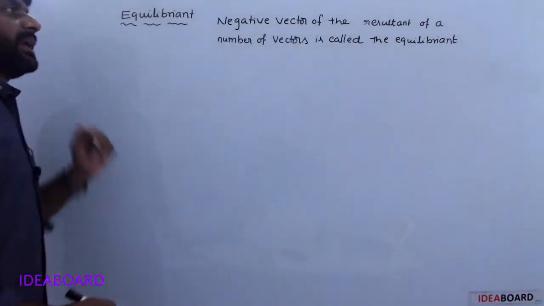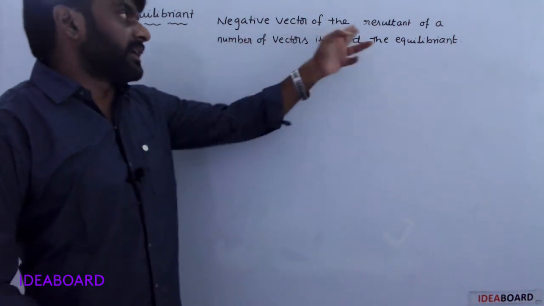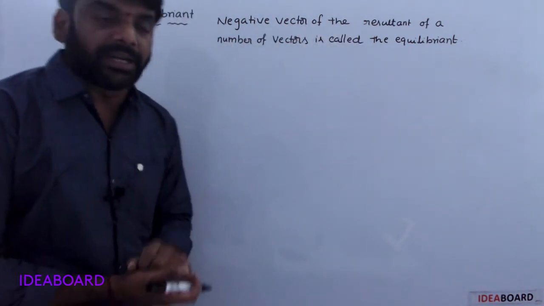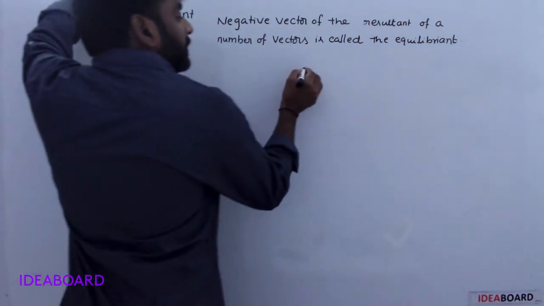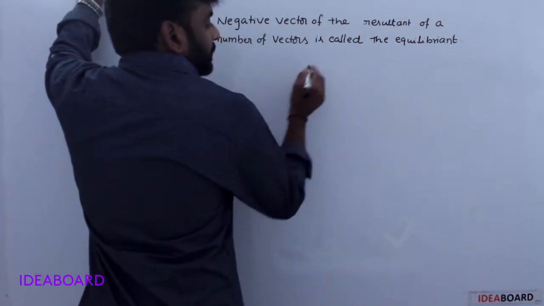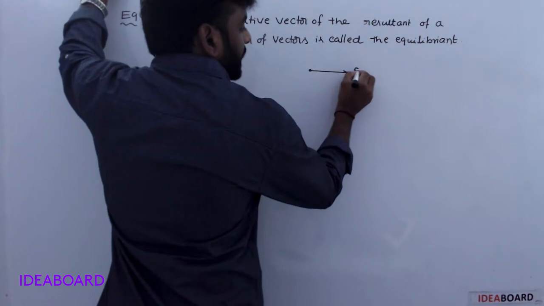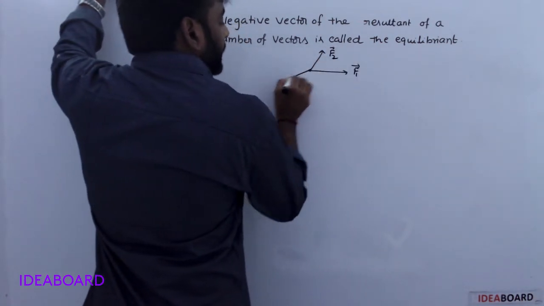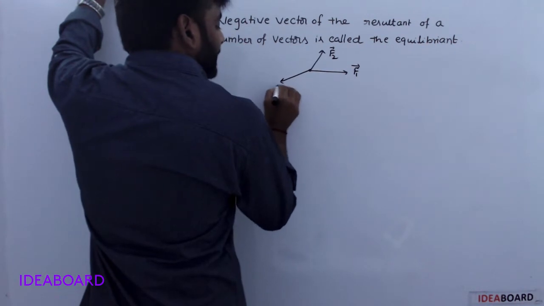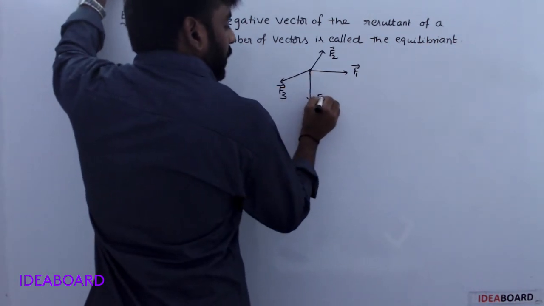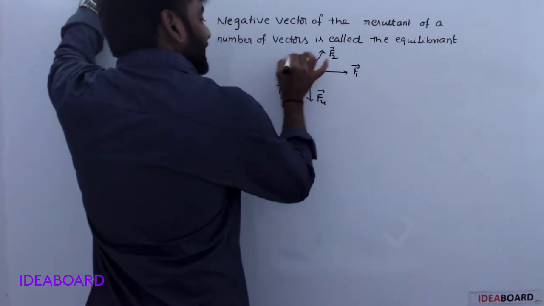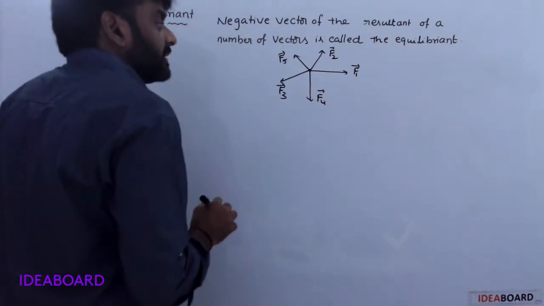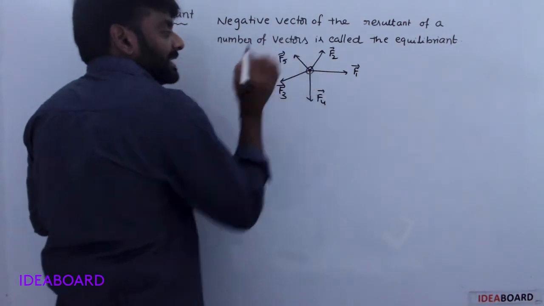So next, equilibrium. Equilibrium is the negative vector of the resultant of a number of vectors. For example, for a particle, a number of forces are acting on it. Now the particle is in equilibrium, which means the net force on it is equal to 0.